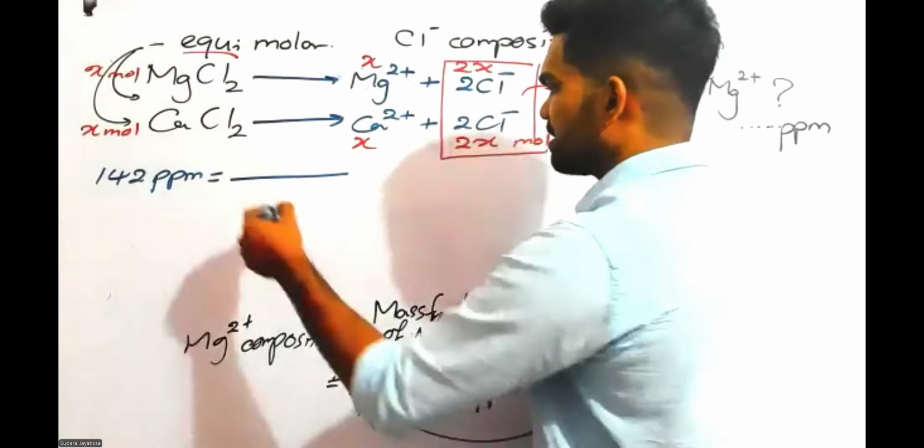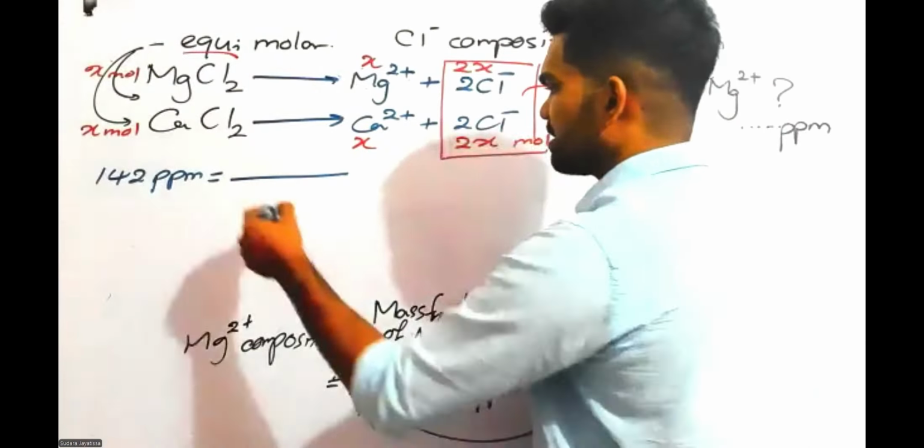So this is how we are going to do it. Now let's divide and see. I'm going to divide the second one by the first one, so I can get y as the subject. So y over 142 is equal to 24 over 4 times 35.5. If you simplify this, you will get the answer.